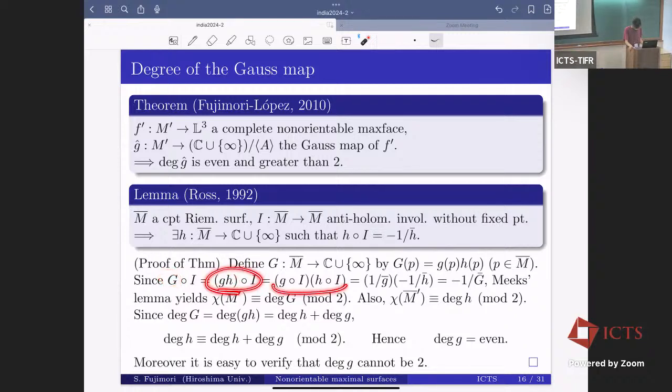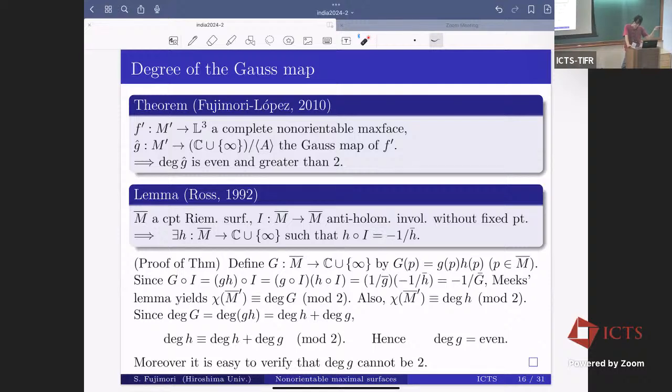And from this, we have this equation. And this g, we already showed that this changes to this 1 over g bar. And by Ross's theorem, this holds. So as a result, the composition of capital G and I is minus 1 over G bar. Okay.